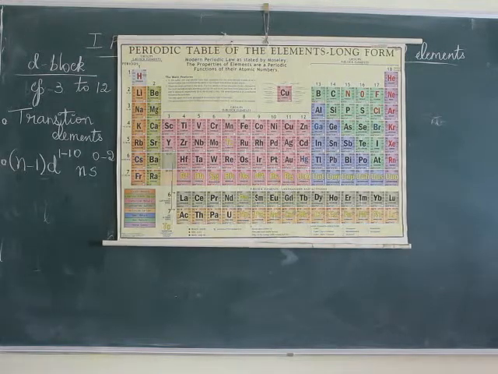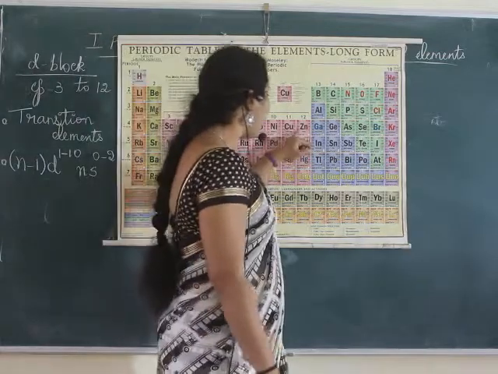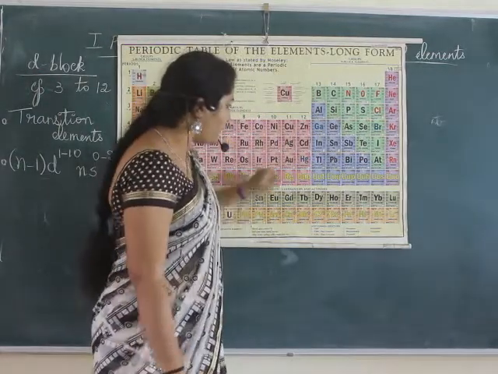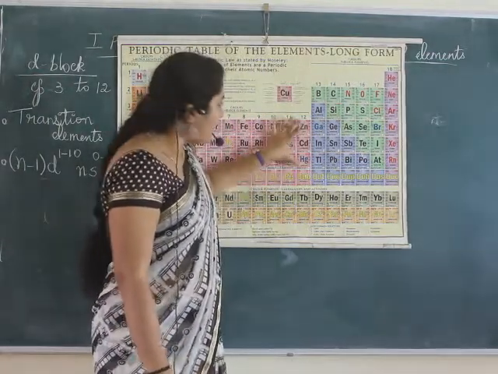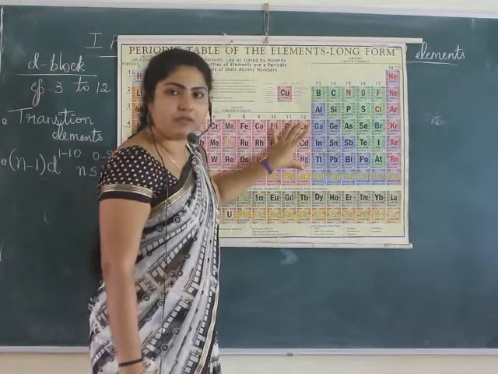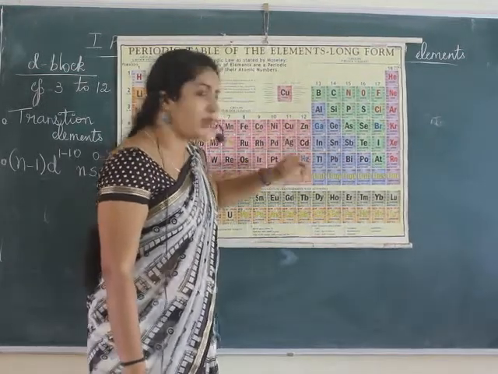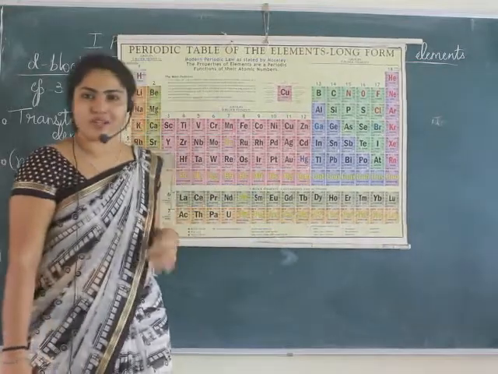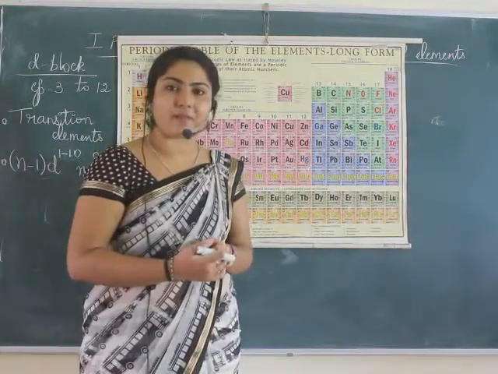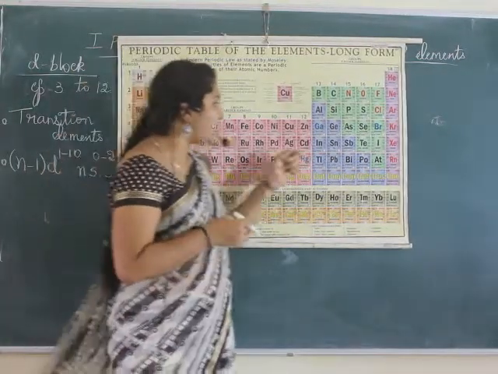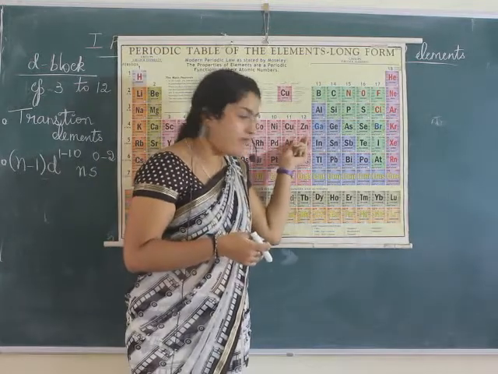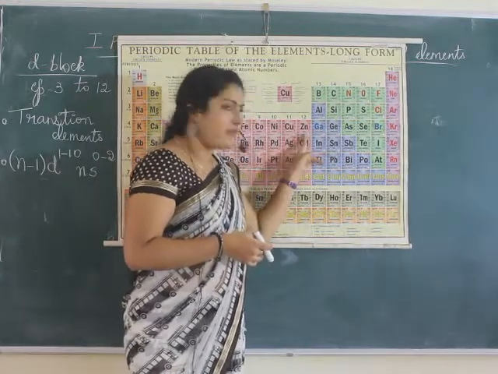Here you must see zinc, cadmium and mercury. This comes under group 12. What can be the special property? They are showing some similarity, isn't it? The similarity is that the D orbital is completely filled in all these: 3d10 4s2.